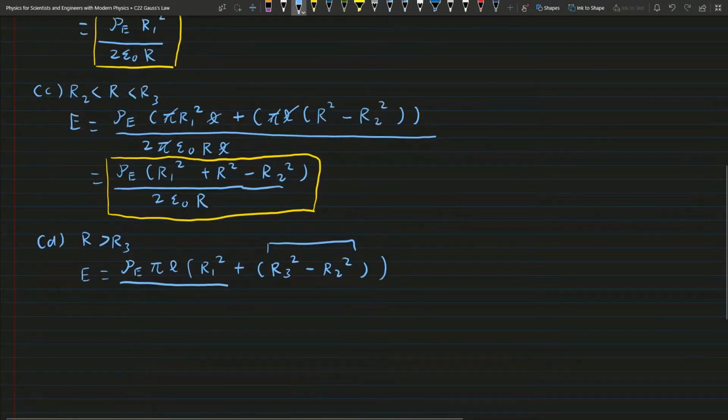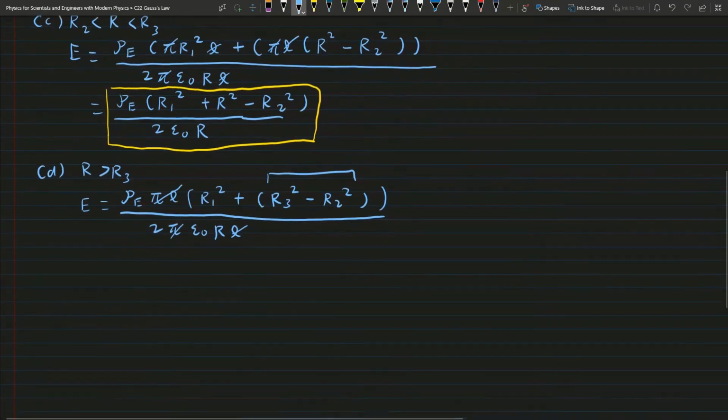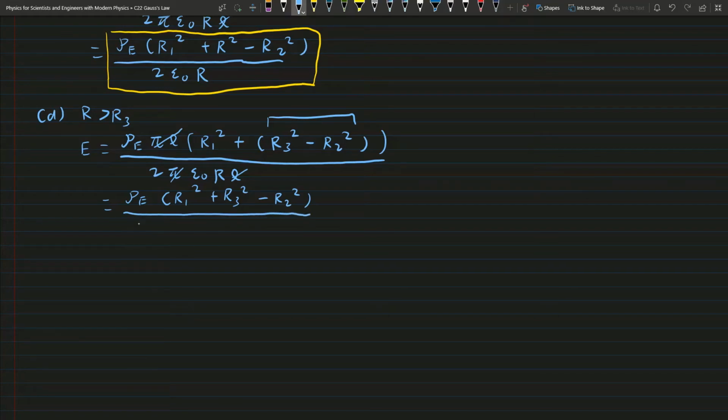To find the electric field, we divide Q by 2 pi epsilon naught RL, and we can cancel the pi and the L. Finally, we get rho E times R1 squared plus R3 squared minus R2 squared over 2 epsilon naught R. This is the answer for D.